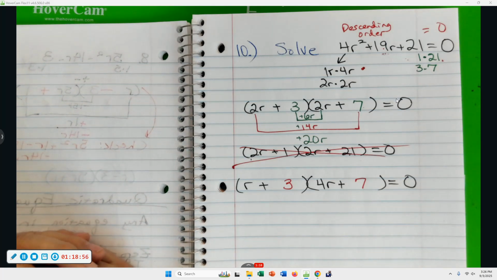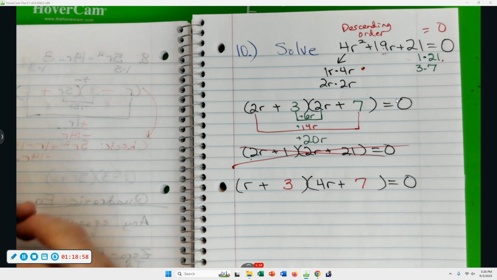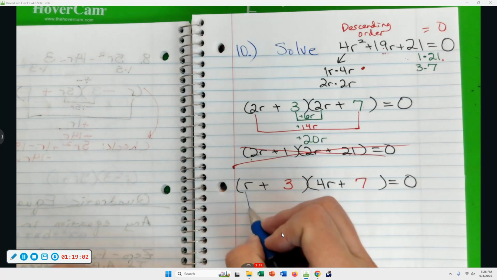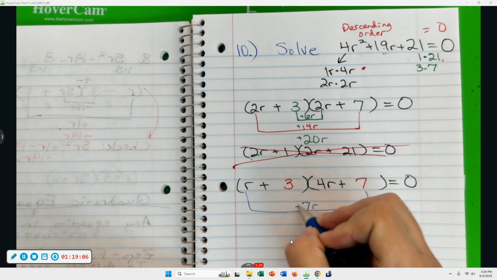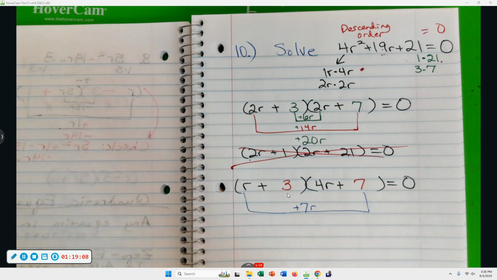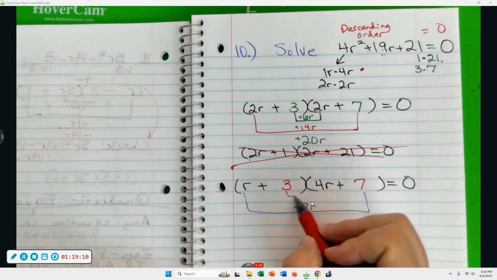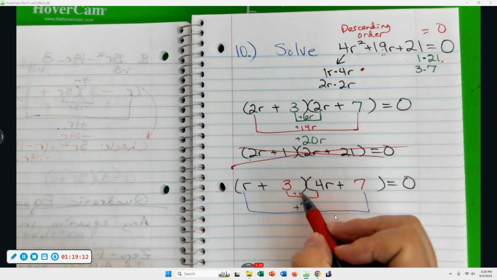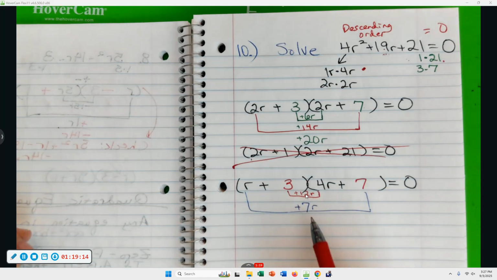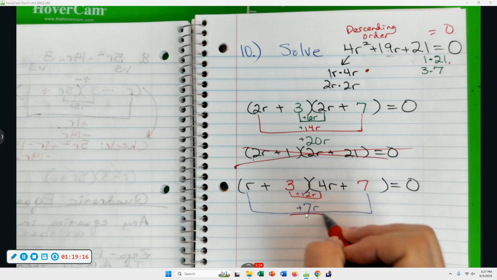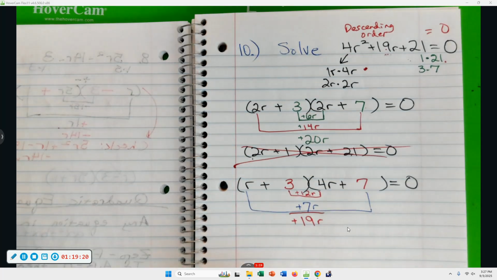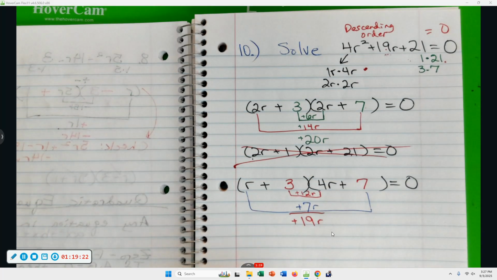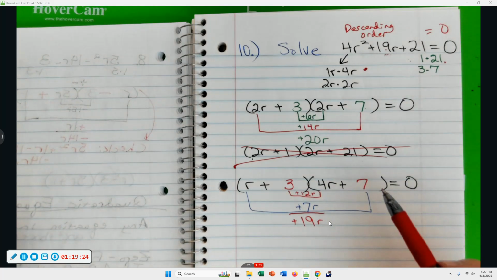What's the outer product? 7r. 7r, okay, I agree. What's the inner product? 12r. Okay. 12r plus 7r gives me 19r, a positive 19r. Is that what I needed? Yes, so we have the correct factorization.